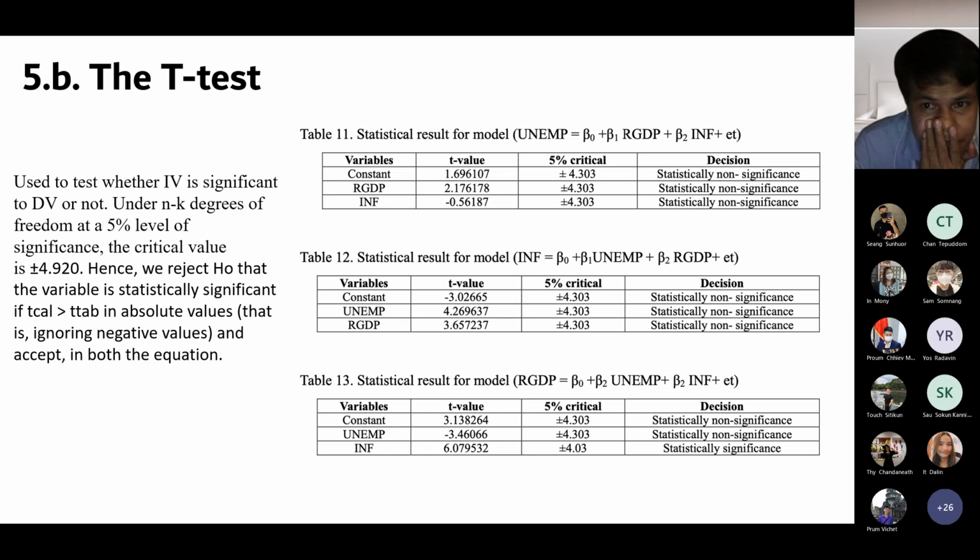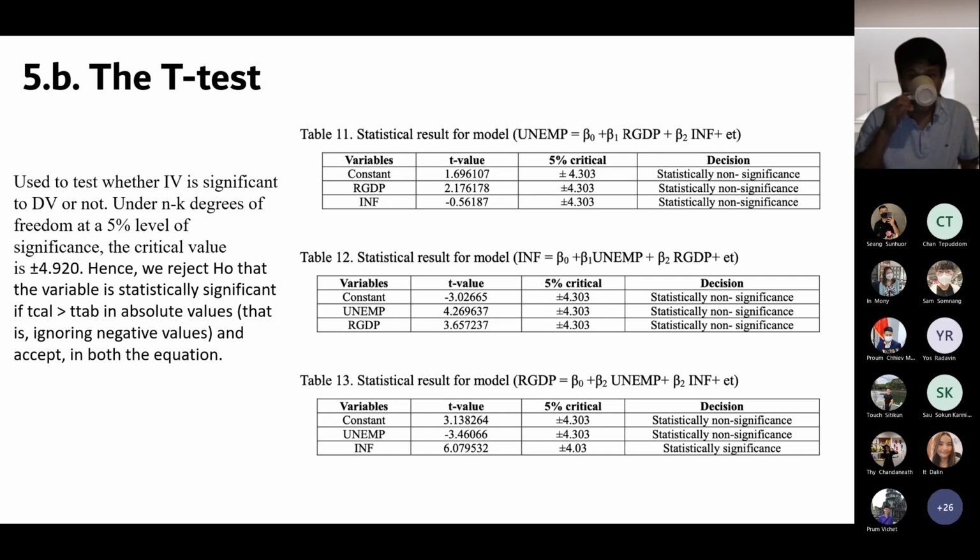So we reject the null hypothesis that the variable is statistically insignificant if the t critical is bigger than the t table in absolute values, that is, ignoring the negative values, and accept in both equations.